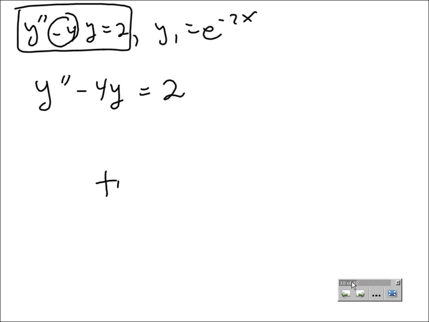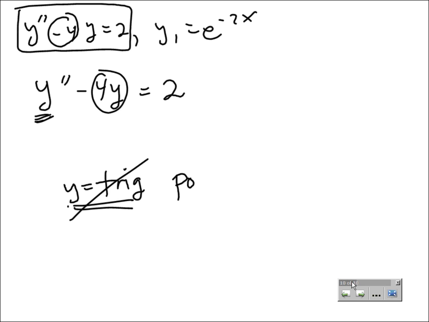Now if you let y equal a trig function, sine of x, sine of 2x, tangent x, when you take derivatives, you get other trig functions. And when you take away 4 times this trig function, maybe you'll get 0, maybe you'll get another trig function, but you're not going to get 2. So trig doesn't work.